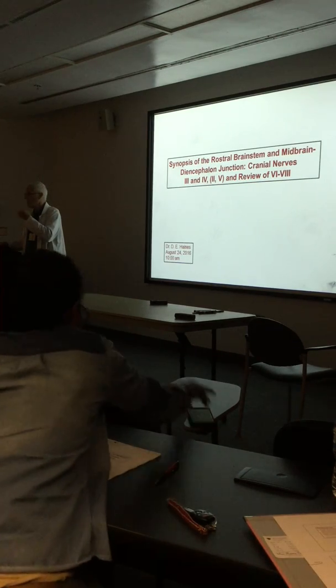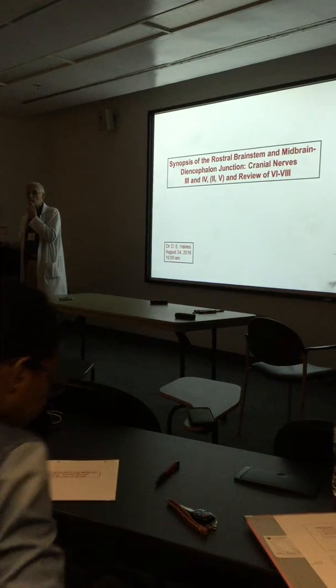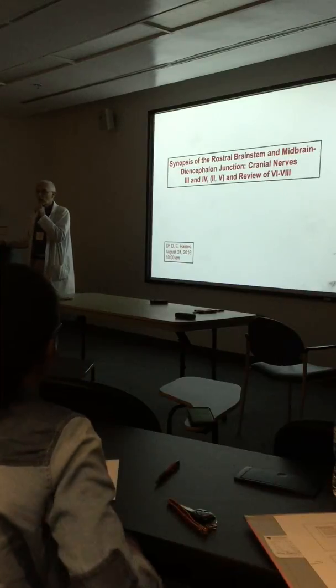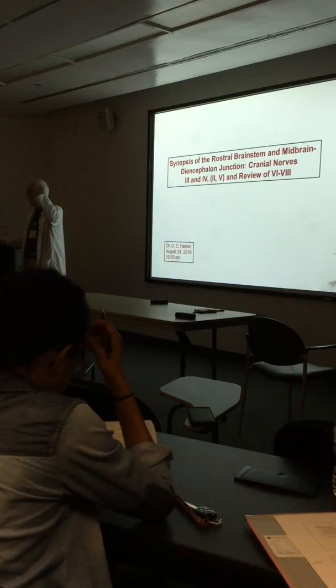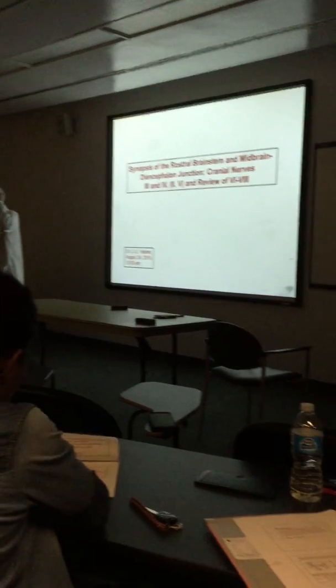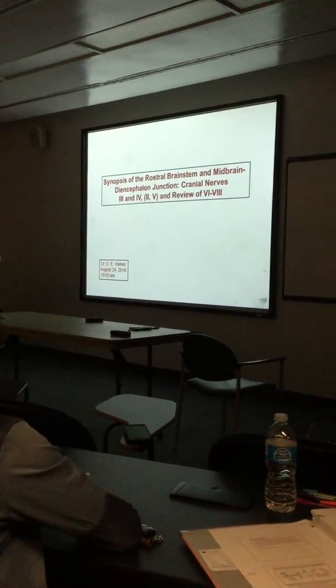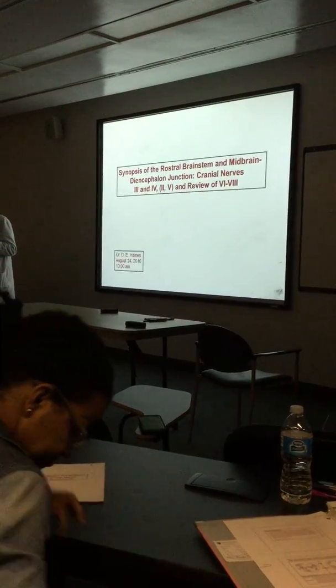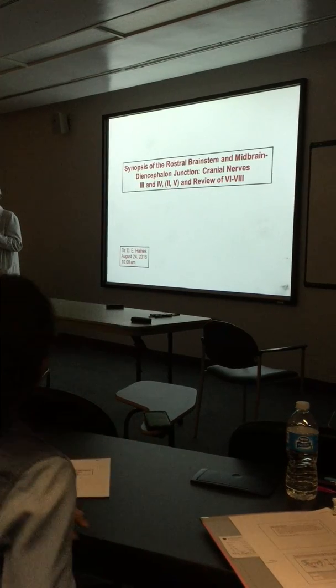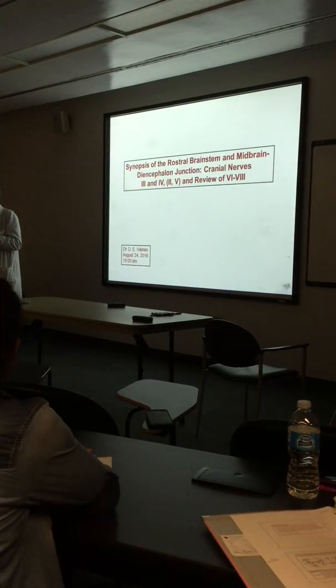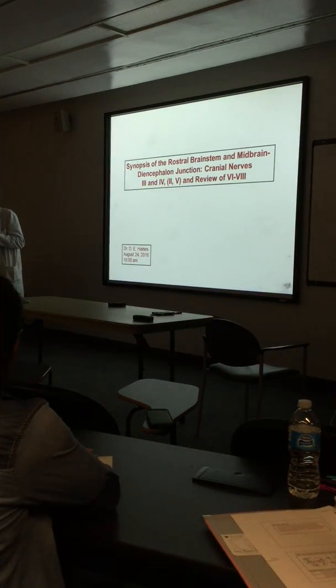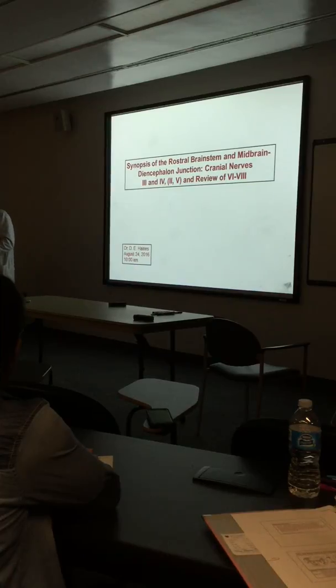And then at the midbrain diencephalonic junction, it abruptly turns so that the long axis through the hemisphere is this way. So that changes how you think of things in terms of relationships of one thing to the other. And we'll try to emphasize that a little bit. Of course, we'll answer questions if you have any.